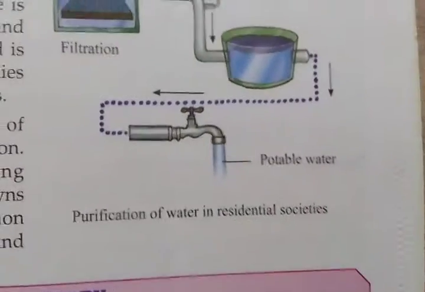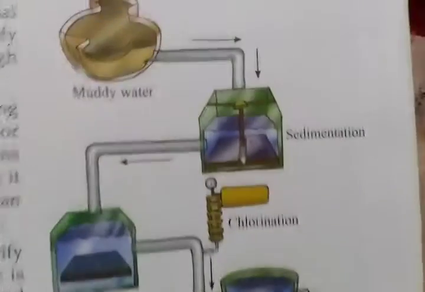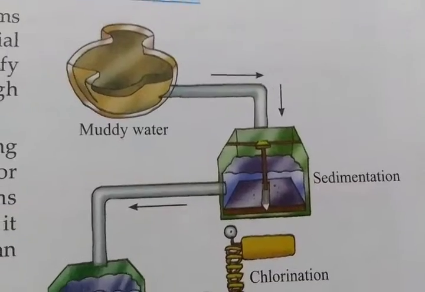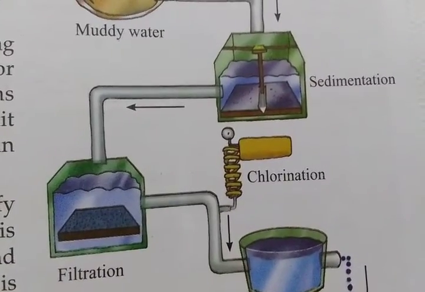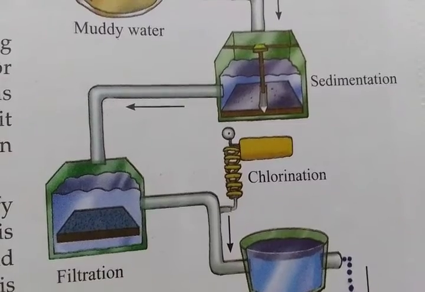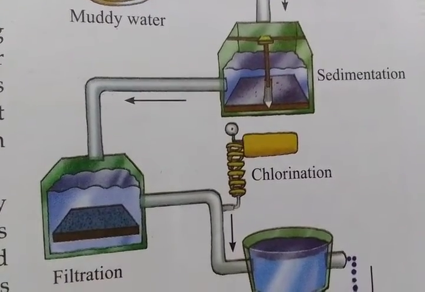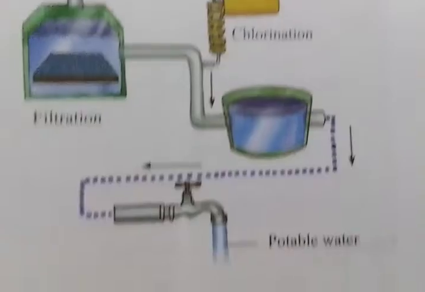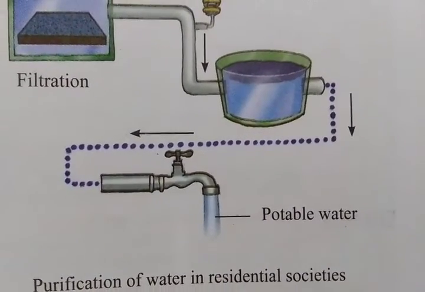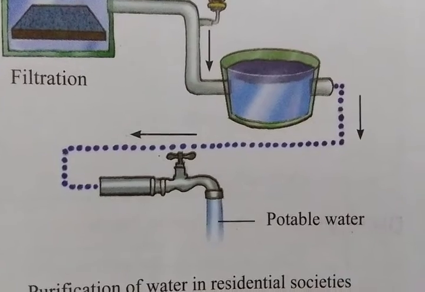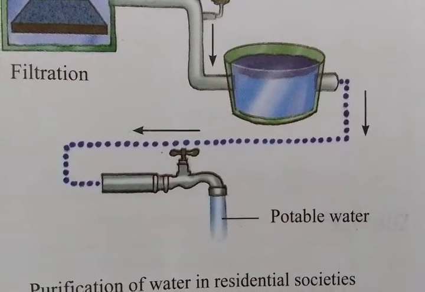Firstly, the water is muddy, then after sedimentation, filtration, chlorination, and then it is pure water. Okay. This is the process of purifying drinking water.